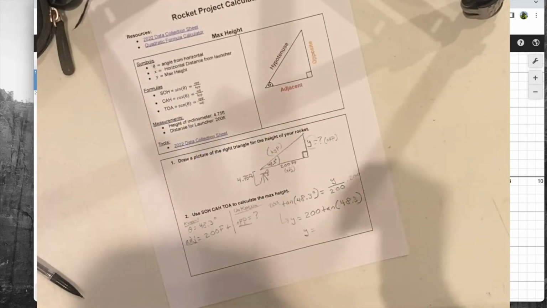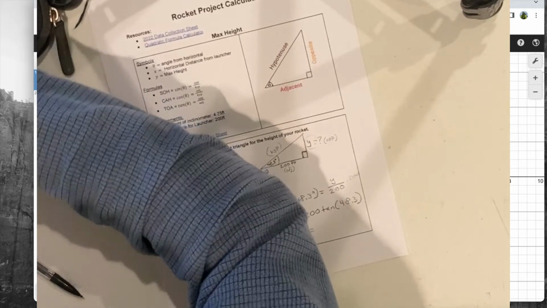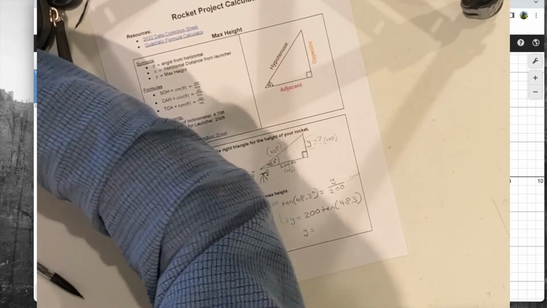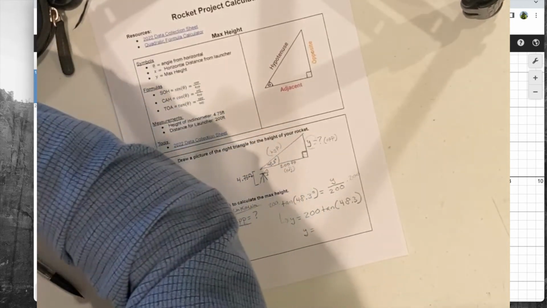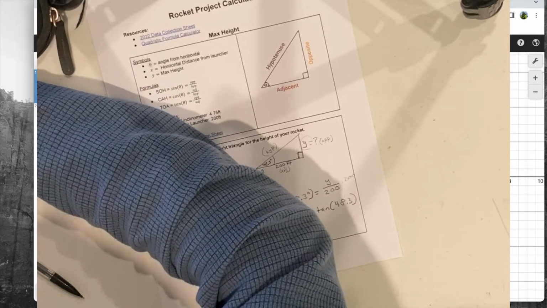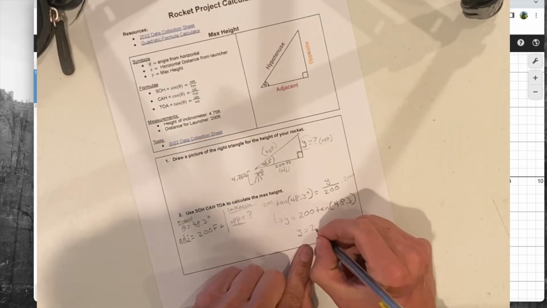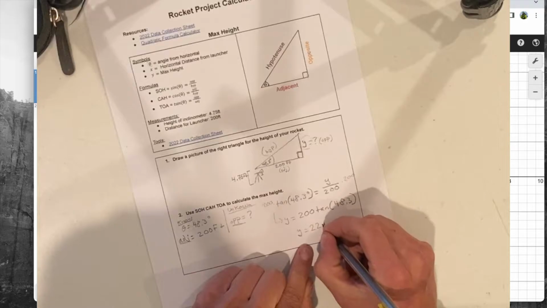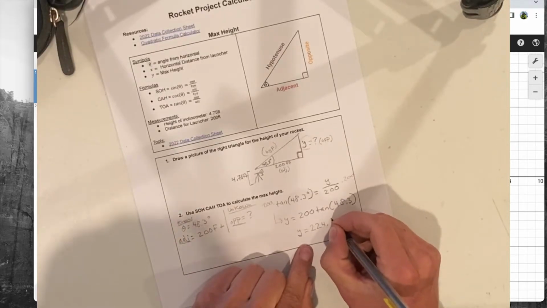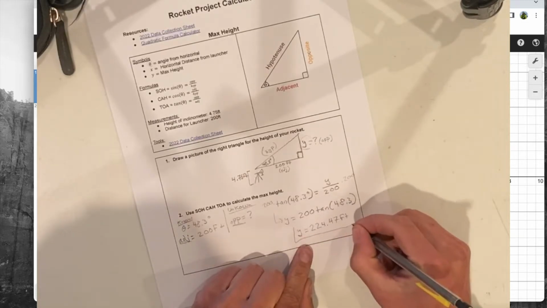And then I'm going to type in what I solved for, 200 tangent of 48.3 degrees. And that gives me a max height of 224.47 feet. So y equals 224.47 feet. And that is our max height.